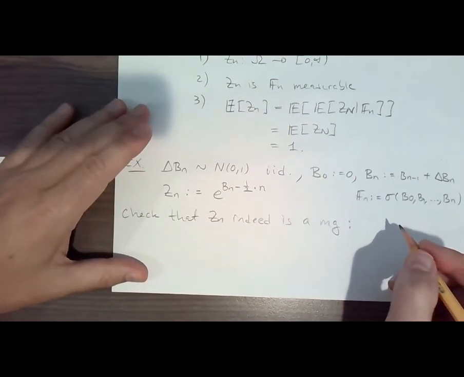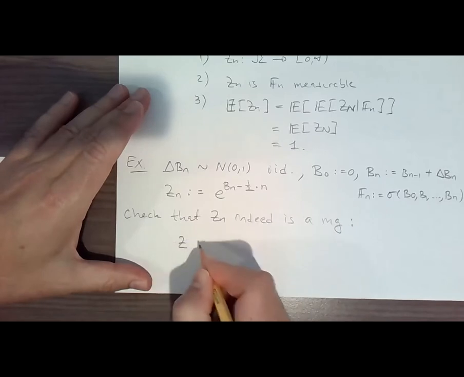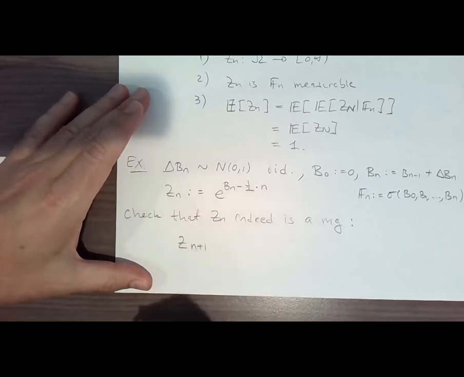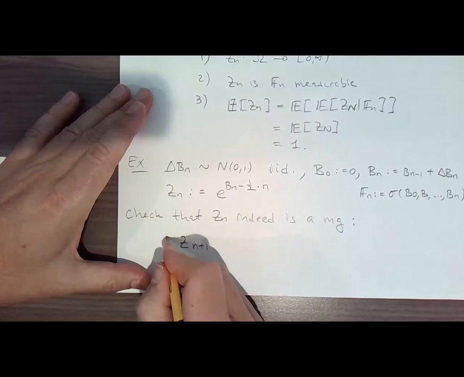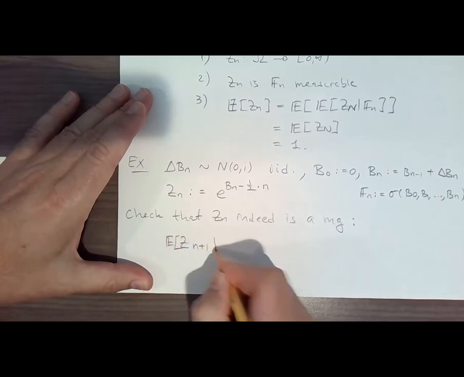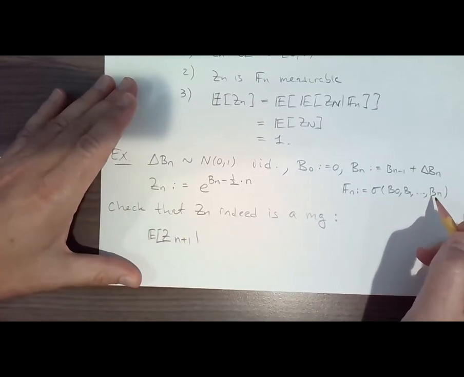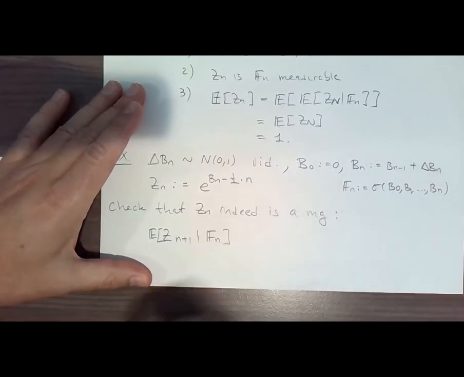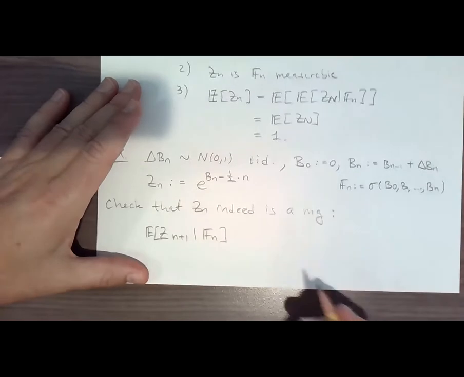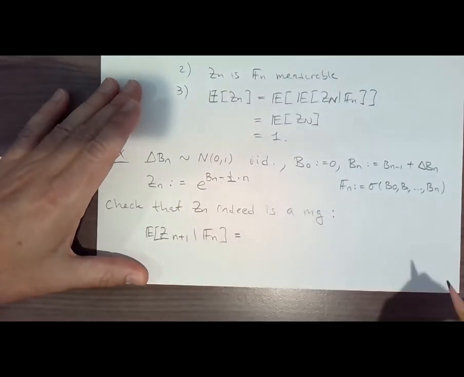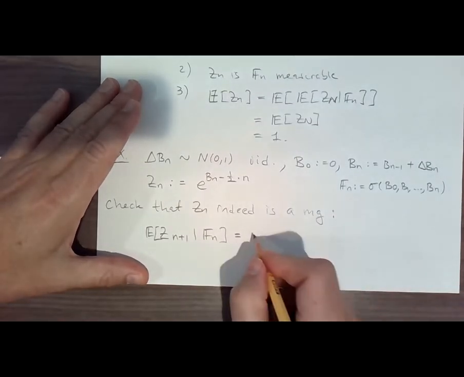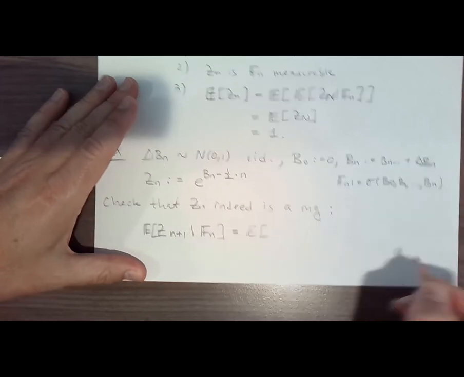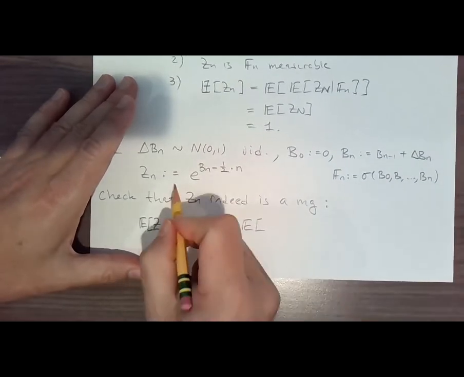And how would I do it? Well, again, you take the process at time n plus 1, you compute the conditional expectation given the first n observations, so this is Fn, and then you plug in what Zn plus 1 is, using the definition.